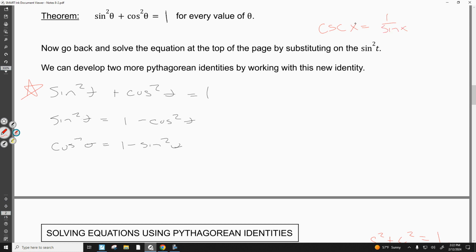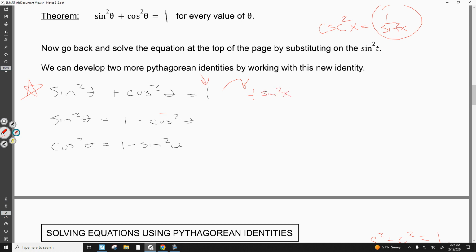Wouldn't it be nice if we had sine in a denominator somewhere with this equation so I could turn it into cosecant or something like that? Well, I want cosecant squared, so I want 1 over sine squared. I got a 1 right here. What can I do to make it 1 over sine squared? Let's divide by sine squared.